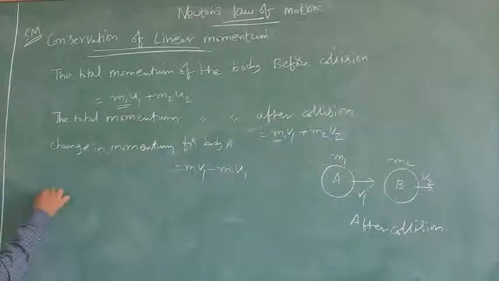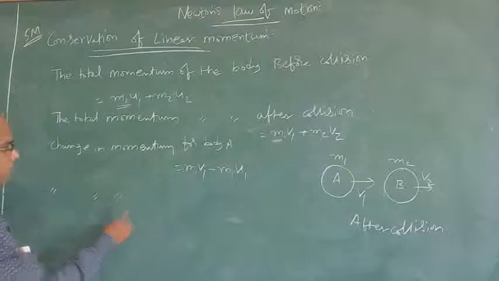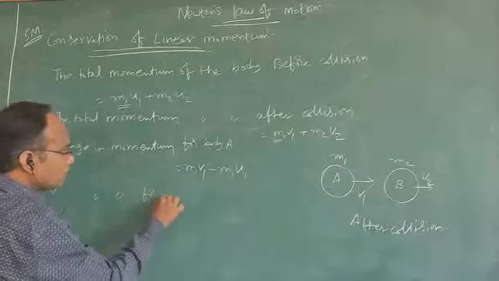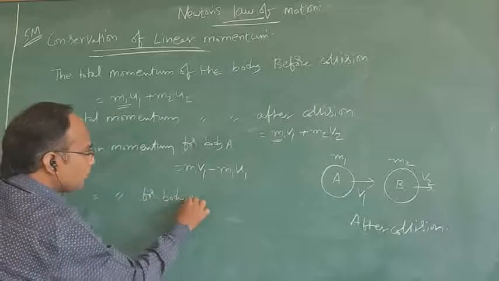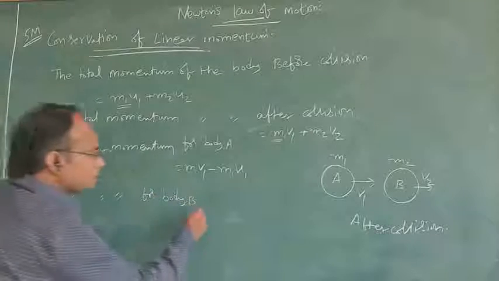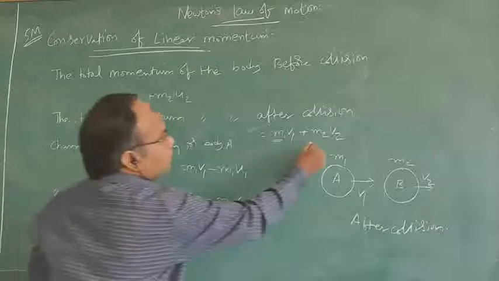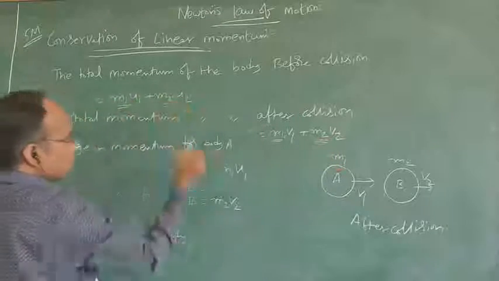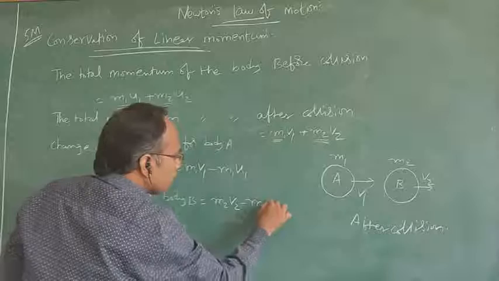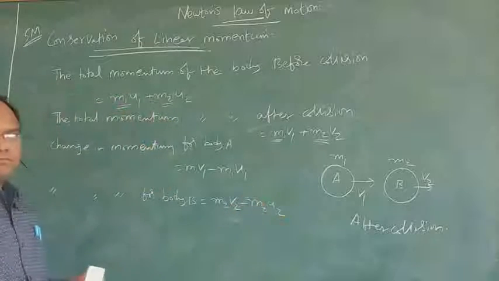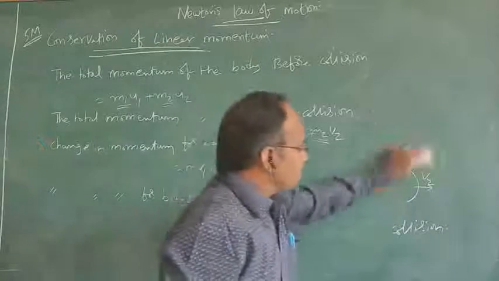Next, same thing, the change in the momentum for body B is m2 v2 minus m2 u2. Okay.